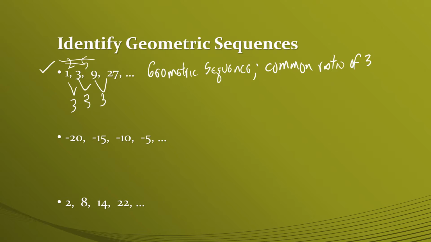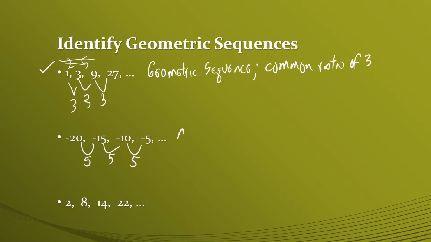Now let's look at this second sequence. I've got negative 20, negative 15, negative 10, negative 5. I'm going to first try to determine, is this an arithmetic sequence? Let's see, the difference between negative 15 and negative 20, that's 5. And the difference between negative 15 and negative 10 is also 5. And the difference between negative 10 and negative 5 is 5.